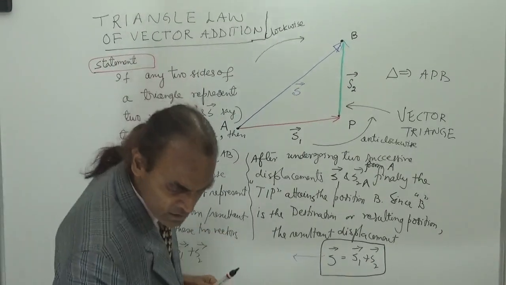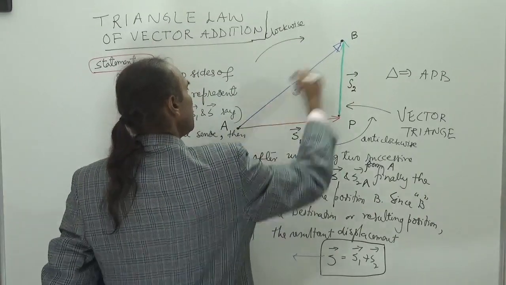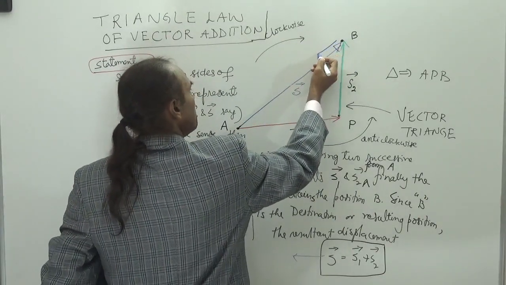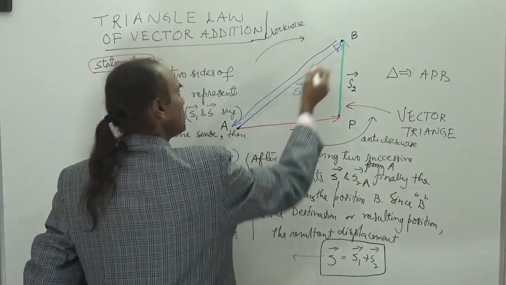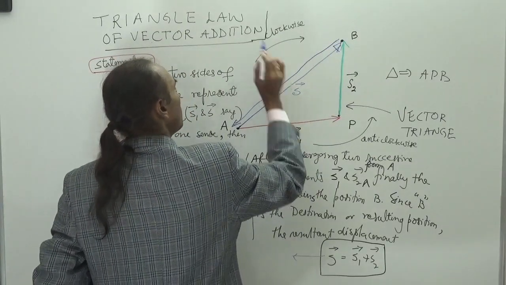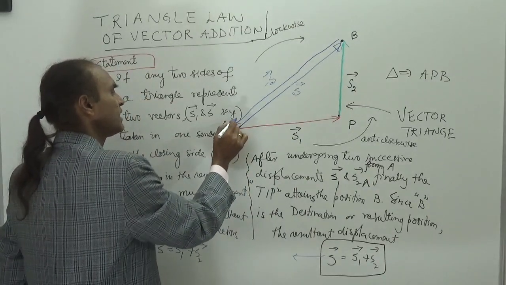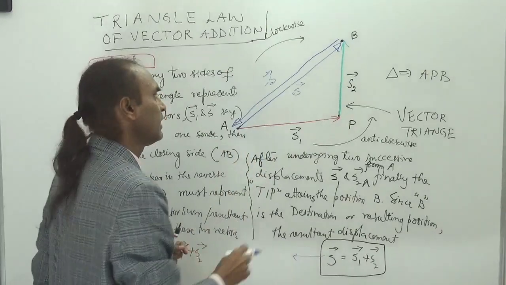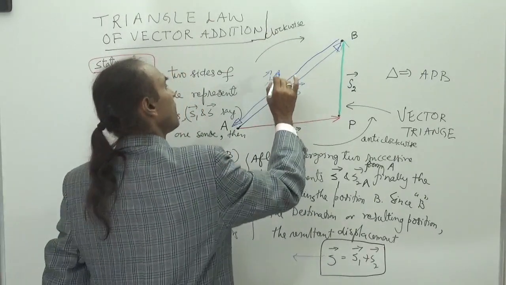Let us reverse the resultant vector S. Reverse the direction of this resultant vector S, keeping its magnitude same. It will be minus S now. We are just reversing its direction, it will be minus S. These two vectors are negative vectors that I have already discussed.